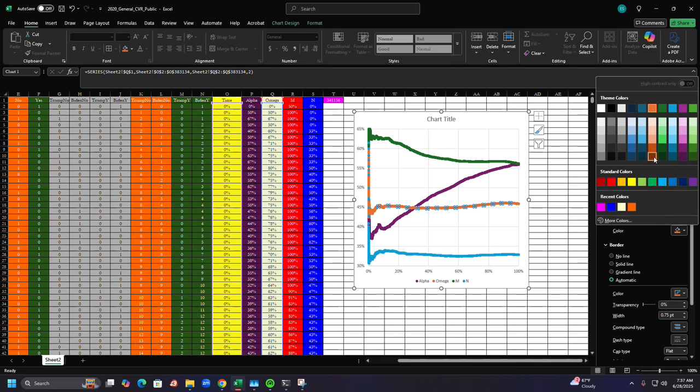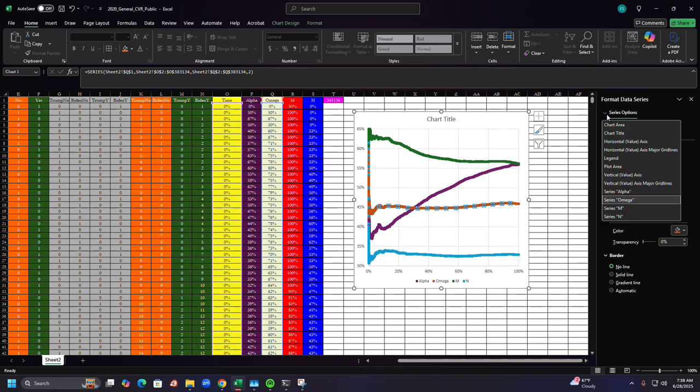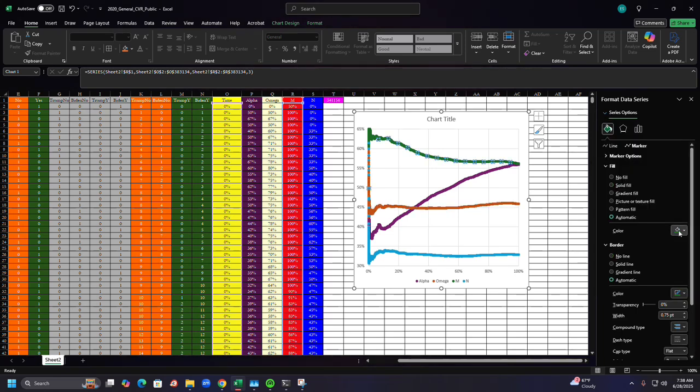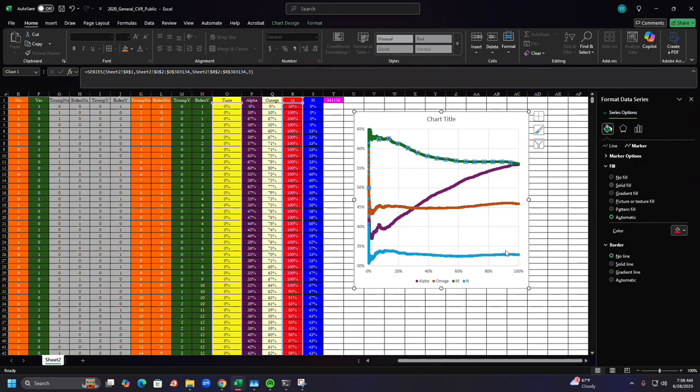Can't really use beige on a white graph, so we'll make it brown. And then this is Republican no on Gallagher, so we'll make that red, just like the column color. And then Democrats are already in blue, so we can just leave it that way on the graph.